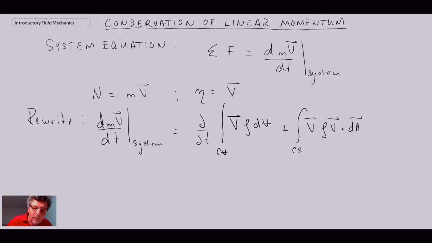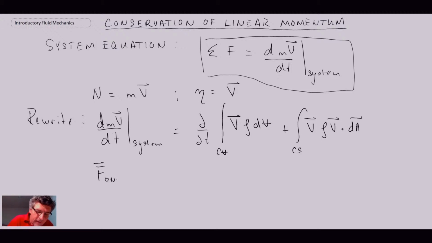Now, the forces that we have, so that's for the time rate of change, that would be the right-hand side of F equals ma. Now for the forces, what we can say is that forces on the system equal the forces on the control volume, and those forces would consist of surface forces and body forces.